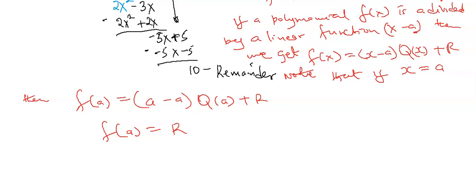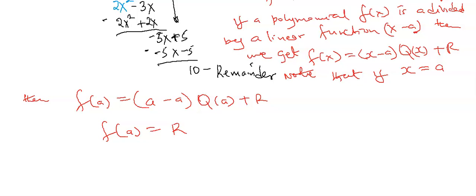Note that a minus a is 0, and therefore we are left with r on the right hand side. So f of a is equal to r, where r is the remainder. This is what we call the remainder theorem.